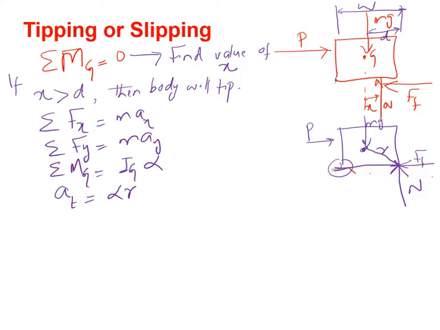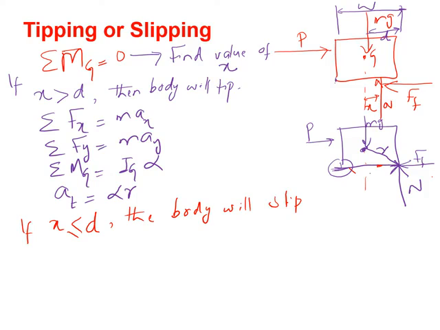Now if your x is less than or equal to d, this means that the normal force lies at some distance from point G. So when this is the case, it means that the body will slip.